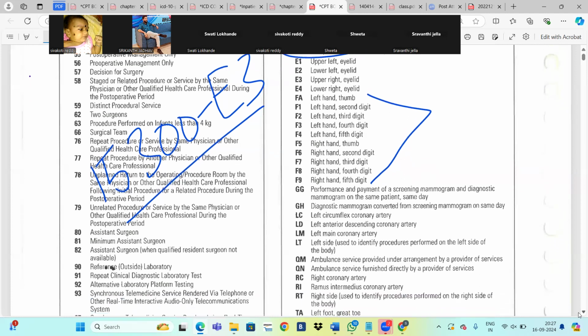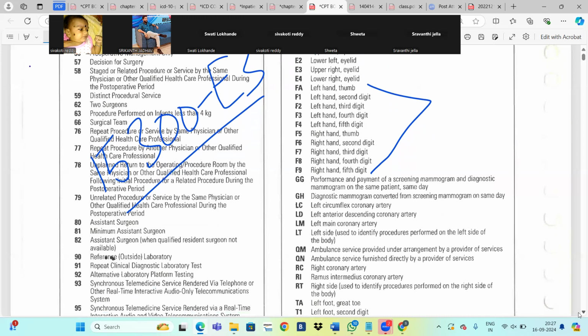Any doubt? Here thumb and directly second digit are coming, I didn't get what you were saying. Second means if they mention index finger, then we have left hand index finger, then here F1 we have to choose. Yes, correct.